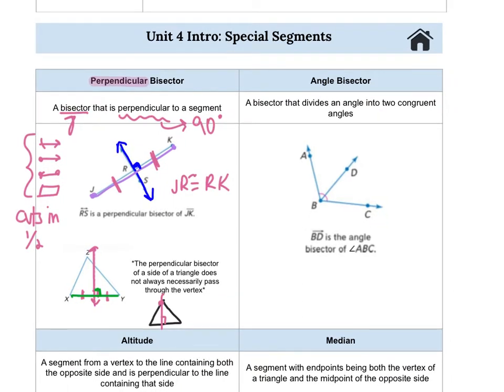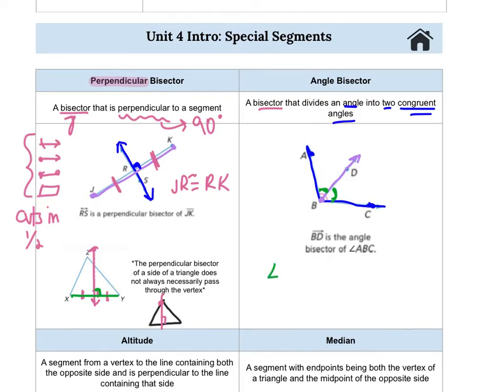Moving on to an angle bisector. We've talked about bisectors before in Unit 1. An angle bisector is a bisector that divides an angle into two congruent angles. So if we have angle ABC here, and we're told that BD, this ray, is the bisector, remember, a bisector cuts into two equal parts, so this half is equal to this half.